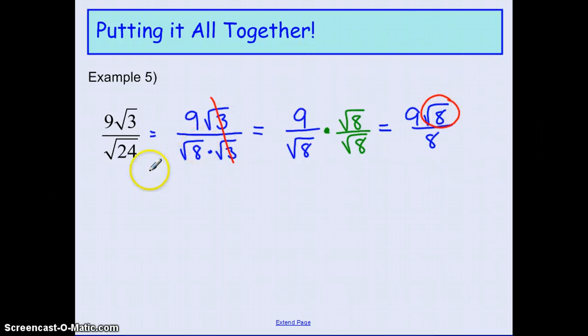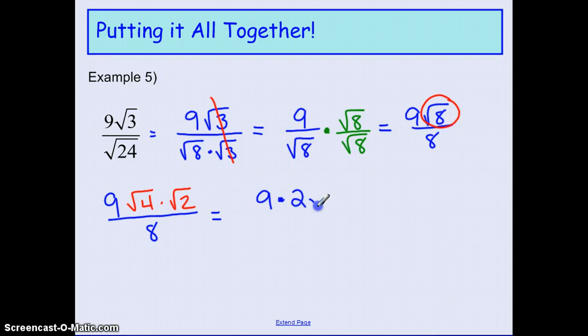So I'm going to go over here and I'm going to write this 9. And then that radical 8, I'm going to write that as radical 4 times radical 2. And I think you all know why. And that's because if I continue, 9 times radical 4 is really 9 times 2 times radical 2.